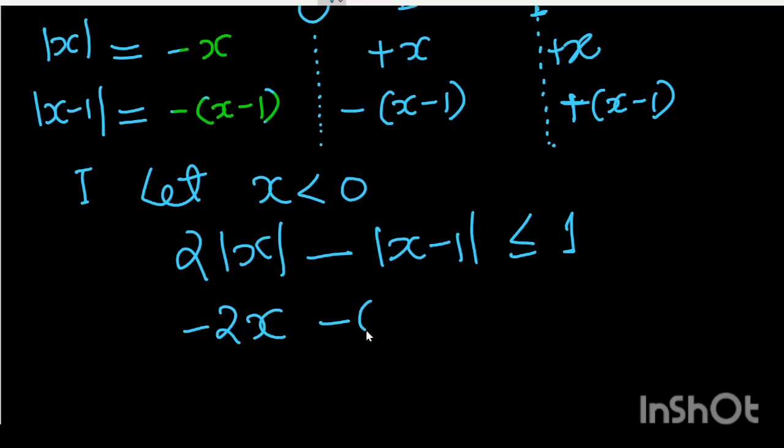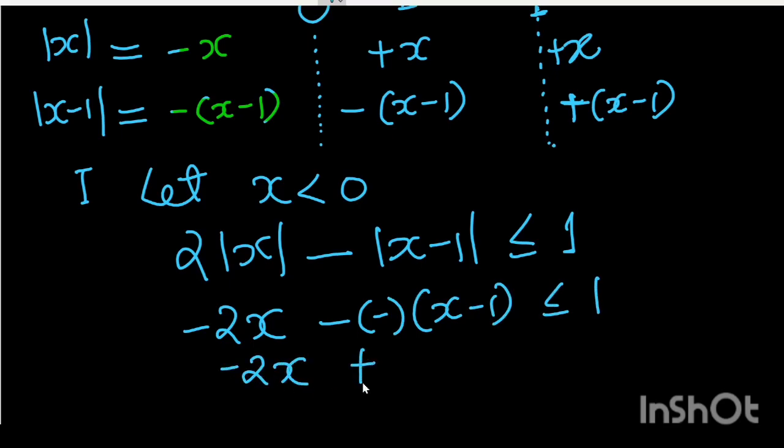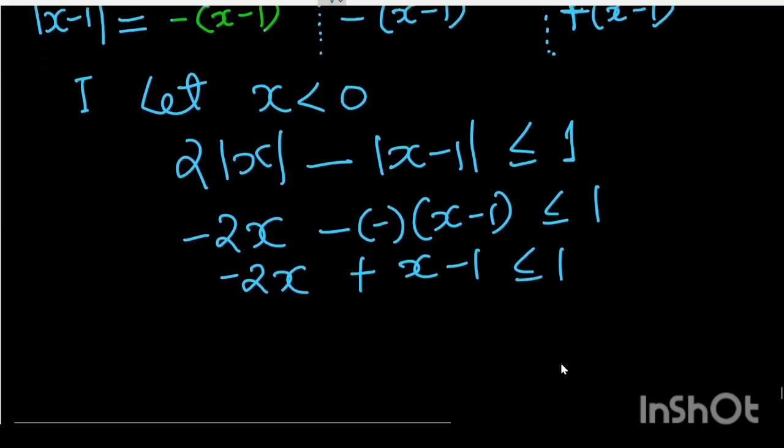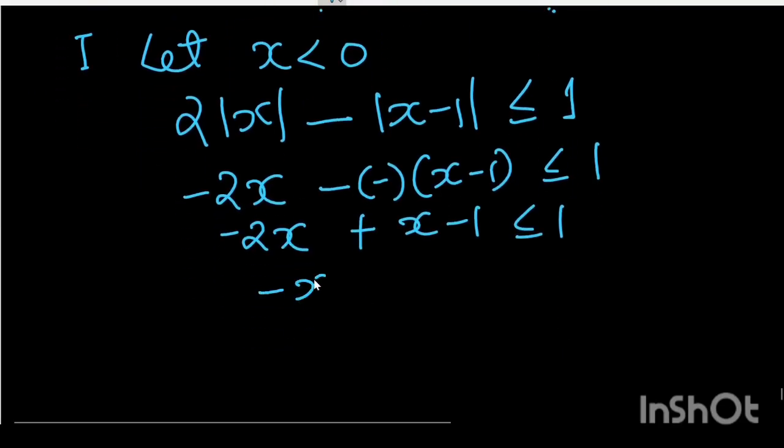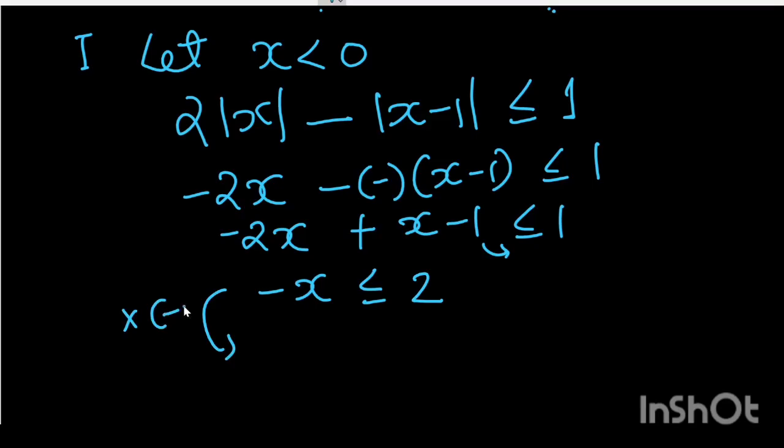Again this is replaced by -(x - 1), so minus minus becomes plus: -2x + x - 1 ≤ 1. In the first case this becomes -x ≤ 2, with -1 moved to the right-hand side, and multiplying by -1 changes the sign of the inequality, so x ≥ -2.